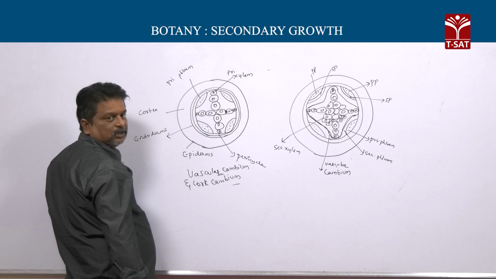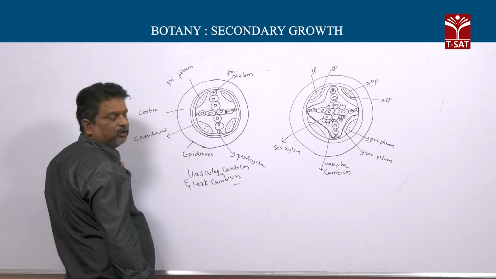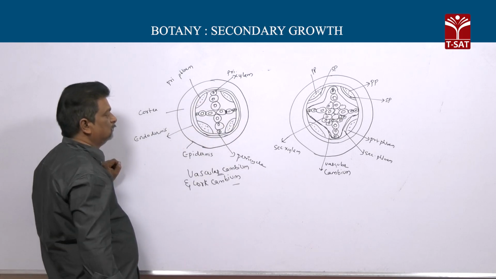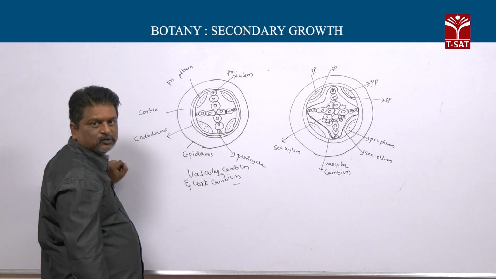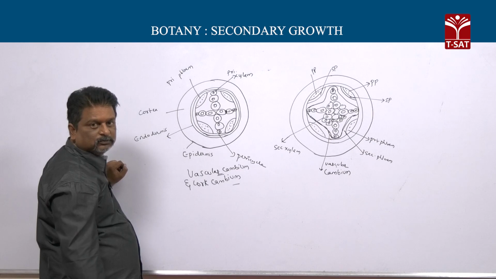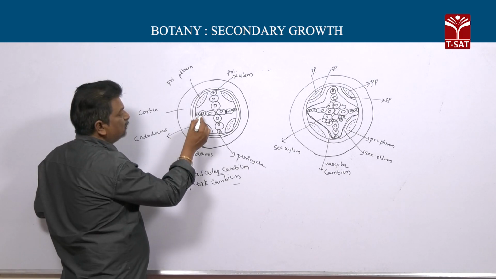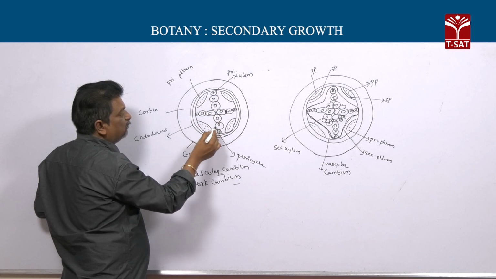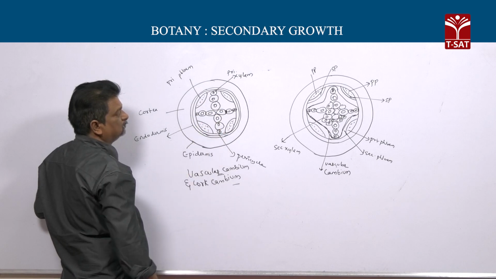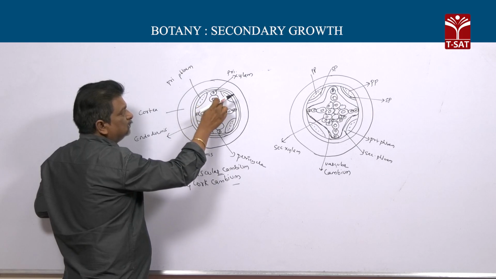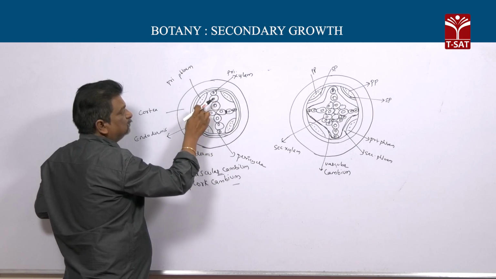How does this secondary growth occur? I will explain with a simple example. Generally in a dicot root, a limited number of vascular bundles are present: monarch, with one xylem and phloem, and the most common, tetrarch. Tetrarch means 4 xylem and phloem bundles are present. This is primary xylem, then primary phloem.